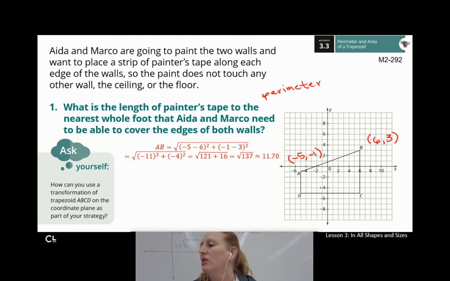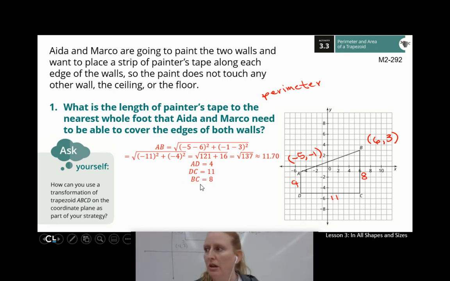Of course, the other sides are nice. You can just count them, right? AD, it looks like 1, 2, 3, 4 units for AD. It looks like DC, 1, 2, 3, 4, 5, 6, 7, 8, 9, 10, 11 units for DC. And then for BC, again, I can just count 1, 2, 3, 4, 5, 6, 7, 8 units for BC.